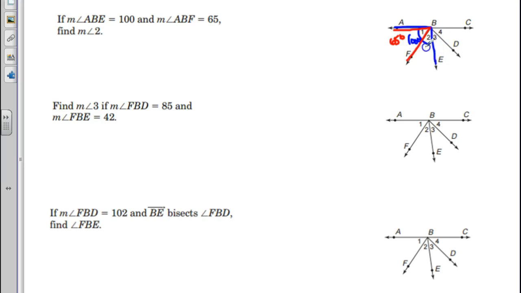What's the measure of angle 2? So this is the measure of the angle that we need to know. Well, we know the angle addition postulate says the measure of angle ABF plus the measure of angle FBE, which is what we want to know, or angle 2, is equal to the measure of angle ABE.